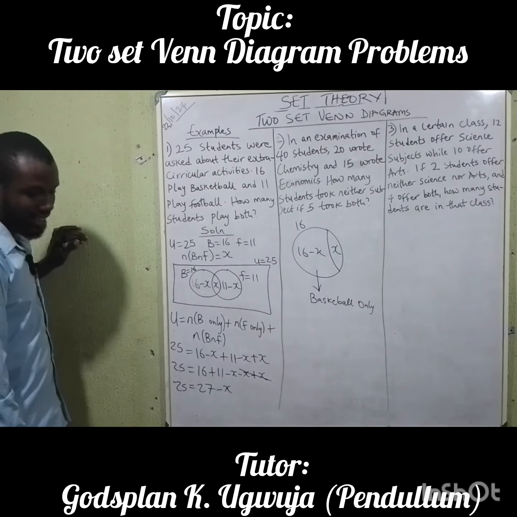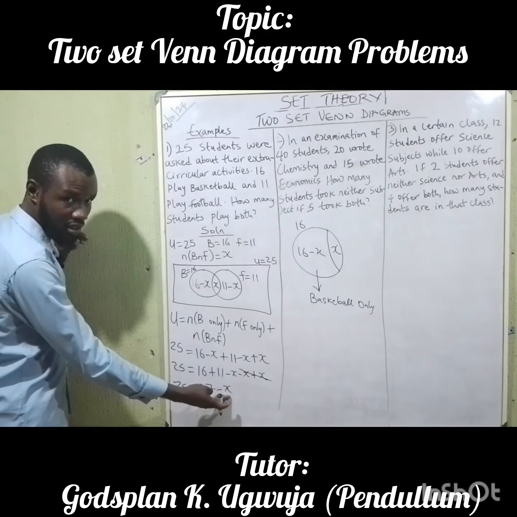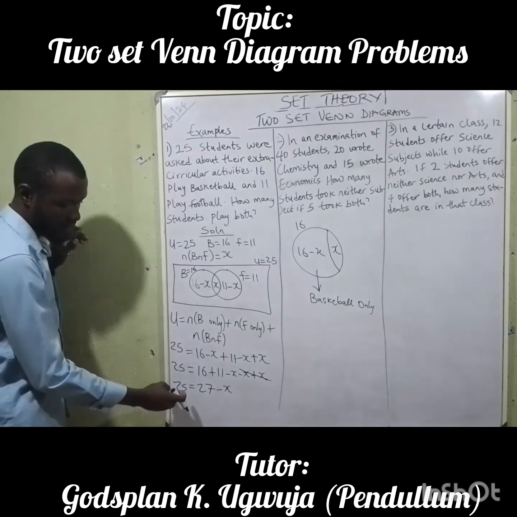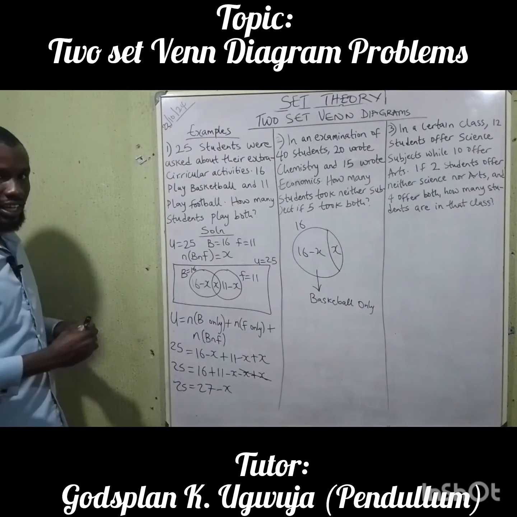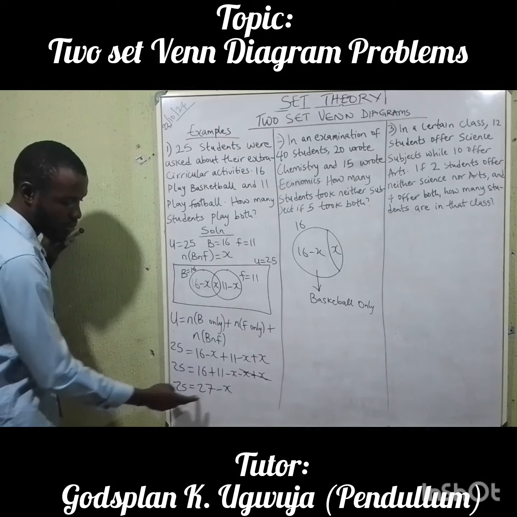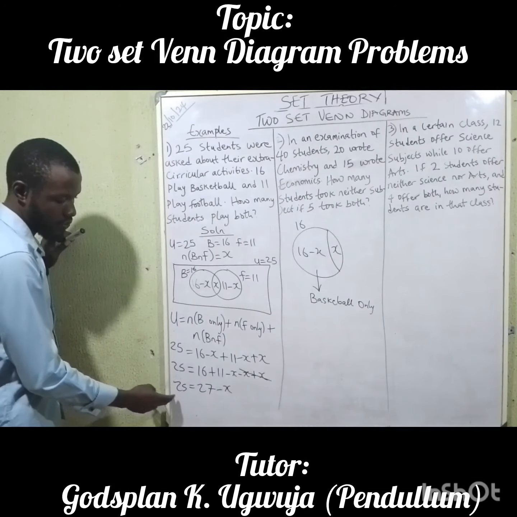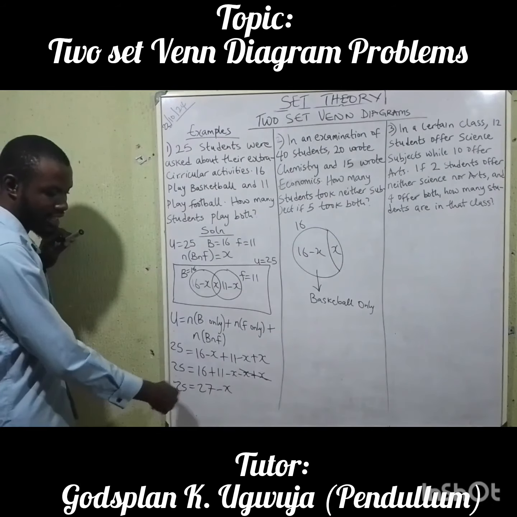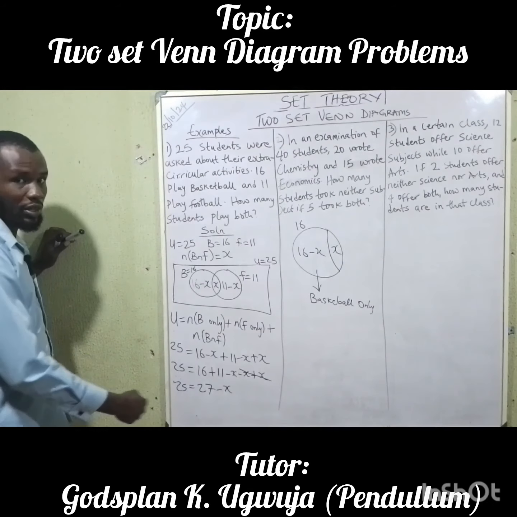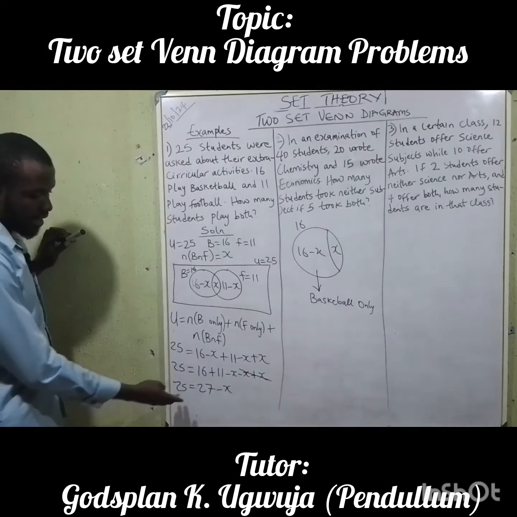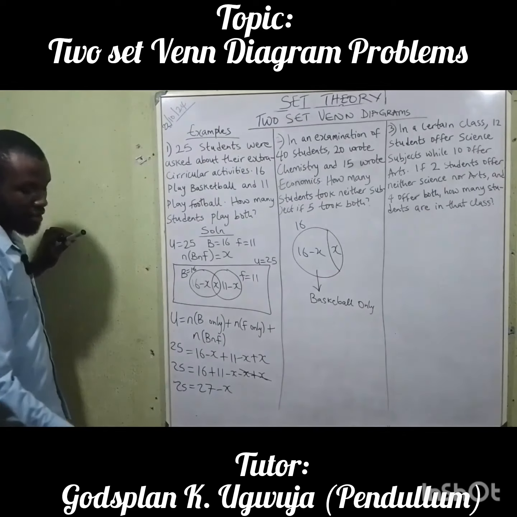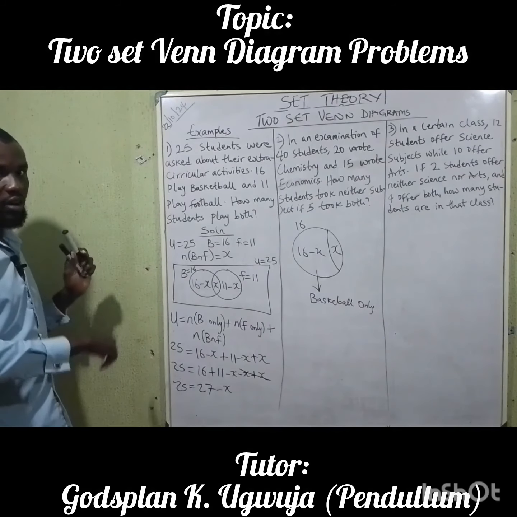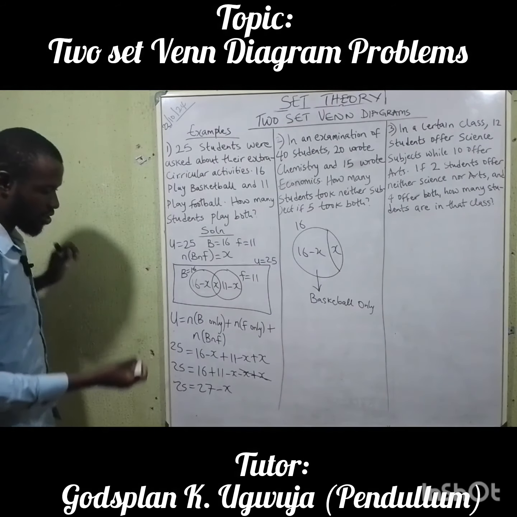Now if I collect like terms, this minus x will cross to this side, 25 will cross to this side. I want to bring the like terms together. So I can bring minus x to this side, and when minus x crosses, it becomes x. And I can bring 25 to this side, and when 25 crosses, it becomes minus 25. Remember, when any number crosses, the sign will change.